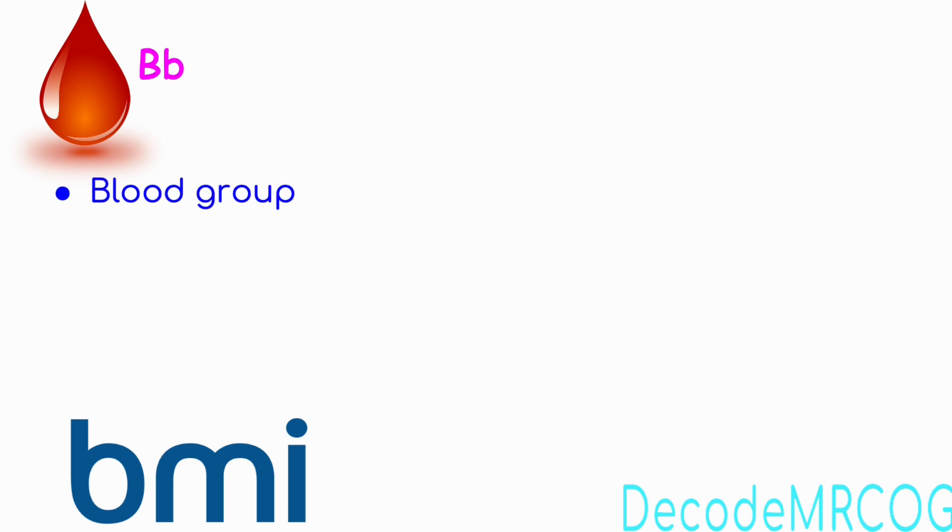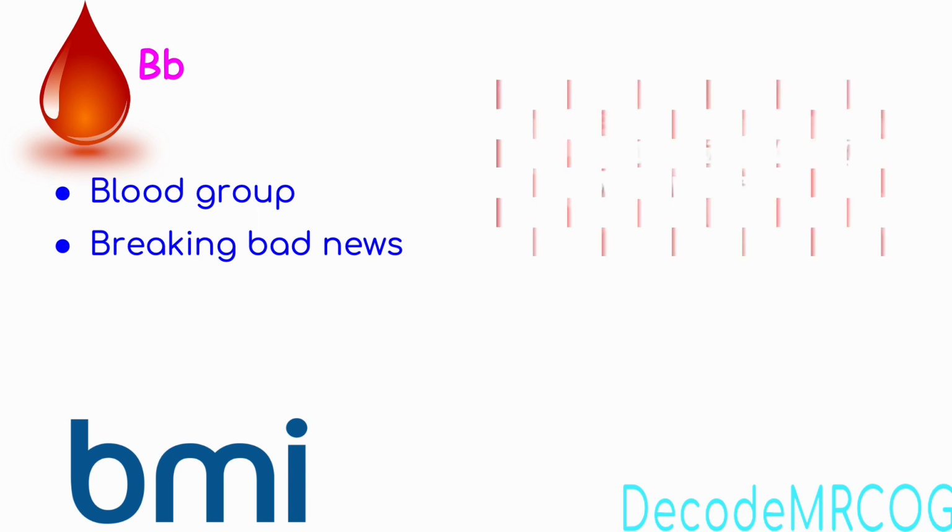B. The first one amongst B will be blood group. Breaking bad news. Be empathetic, sympathetic, and break the bad news in a sensitive manner, because here you are being tested also on patient safety.